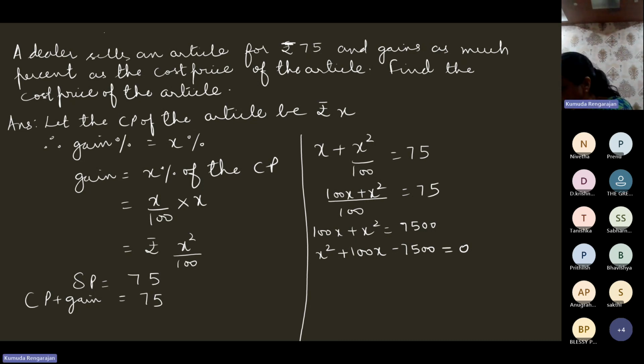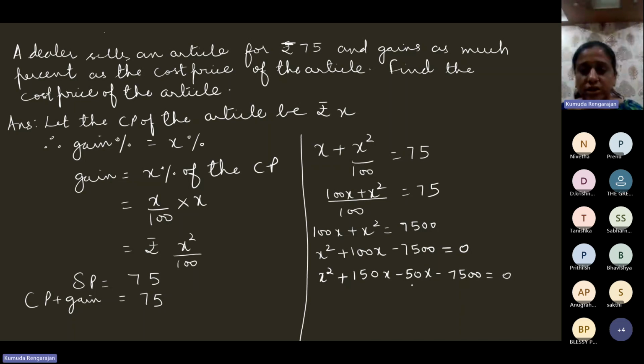Children, please tell me the value of x. 150 and minus 150. Correct. 50 and minus 150. So x squared plus 150x minus 50x minus 7,500 is equal to 0.